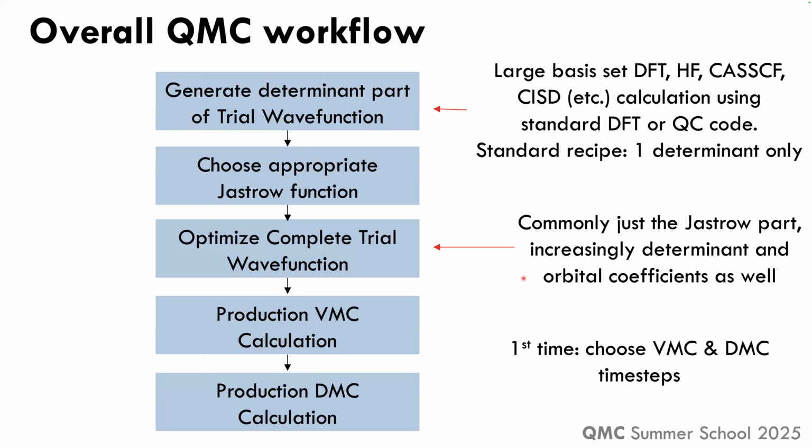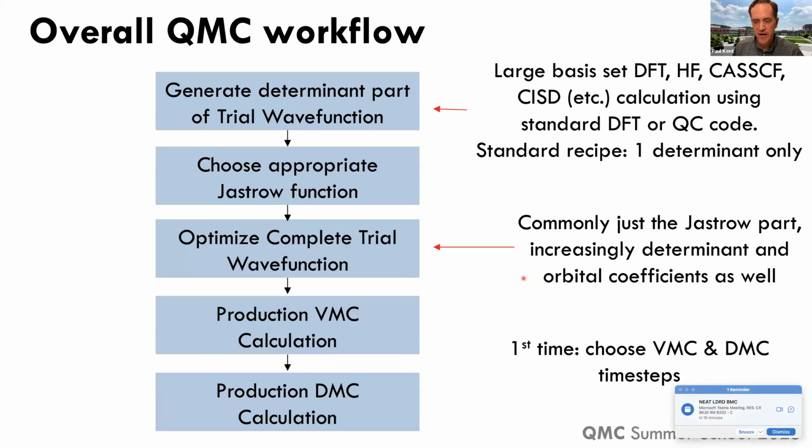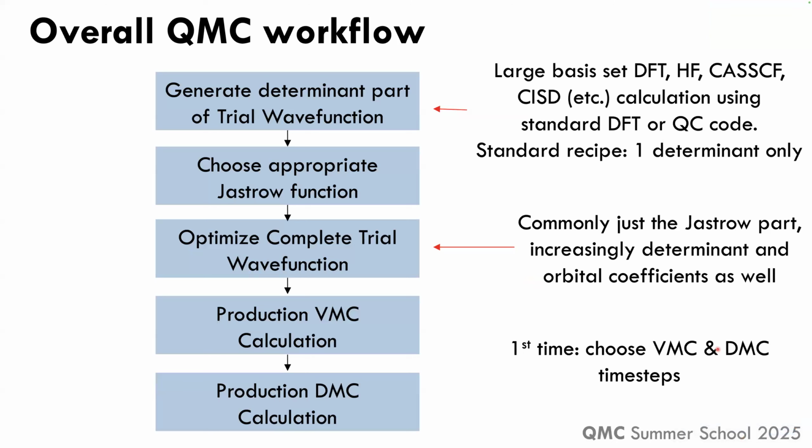Okay, so I heard the question about why use large basis sets for variational Monte Carlo. Is that correct? Maybe I can help by breaking the question into a few smaller ones.